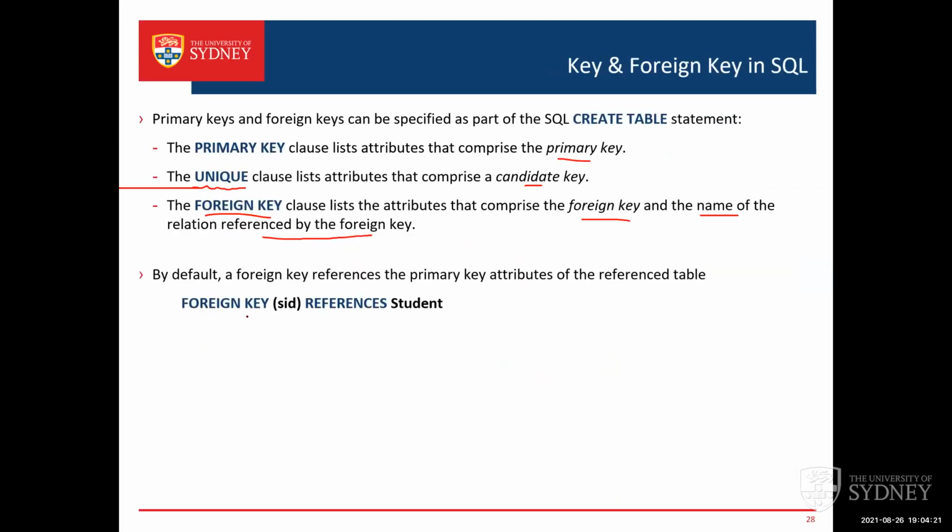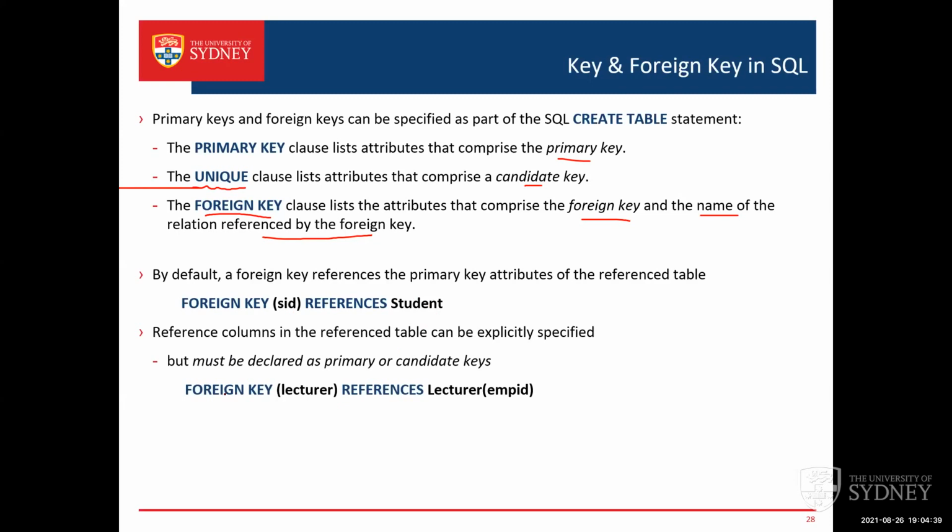Okay. So this is how we'll write that: foreign key SID. SID is a foreign key. It references the student table. Now, the student table has a lot of attributes. If you want to mention specifically which attribute this one is referring to, you can do that. You can write foreign key lecturer references lecturer table's employee ID.